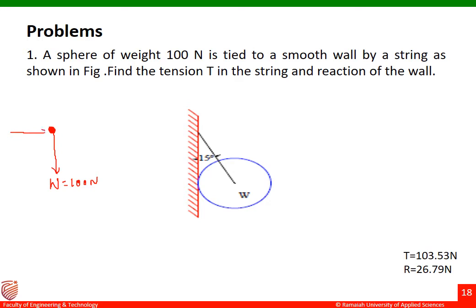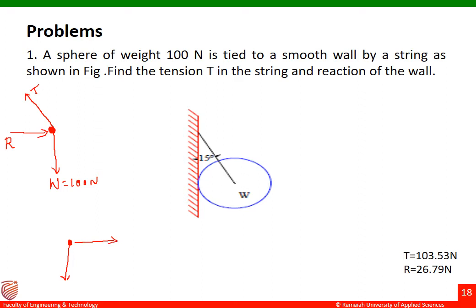Next, you can see there is a reaction force from the wall to the ball. This is taken as R, and then there is a force acting along the string towards the wall, which is the tension in the string, represented as T. So this is my free body diagram. The free body diagram is not yet complete.